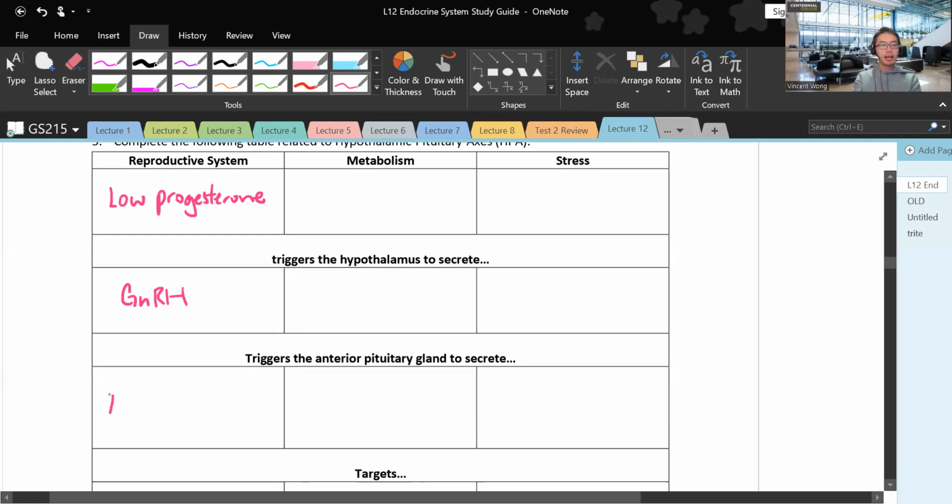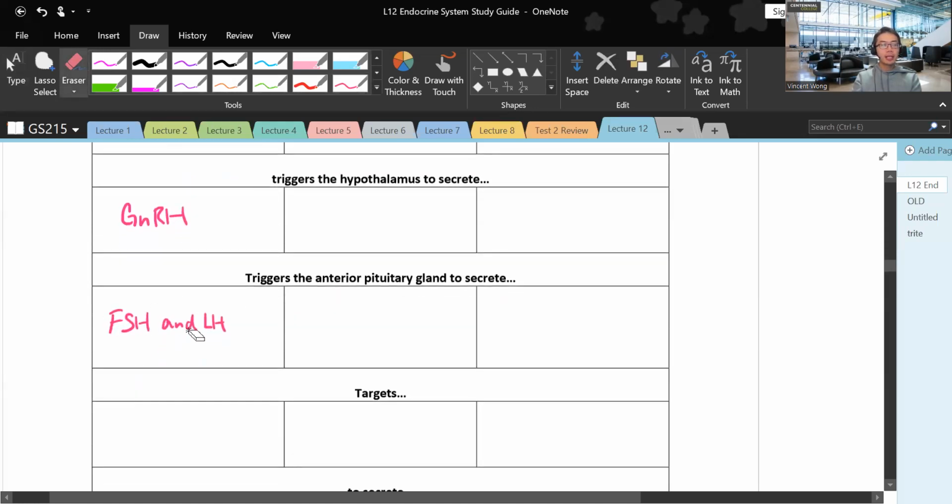That's right, Tina. The FSH as well as LH, right? So the FSH and the LH will travel through the bloodstream and go target the ovaries.